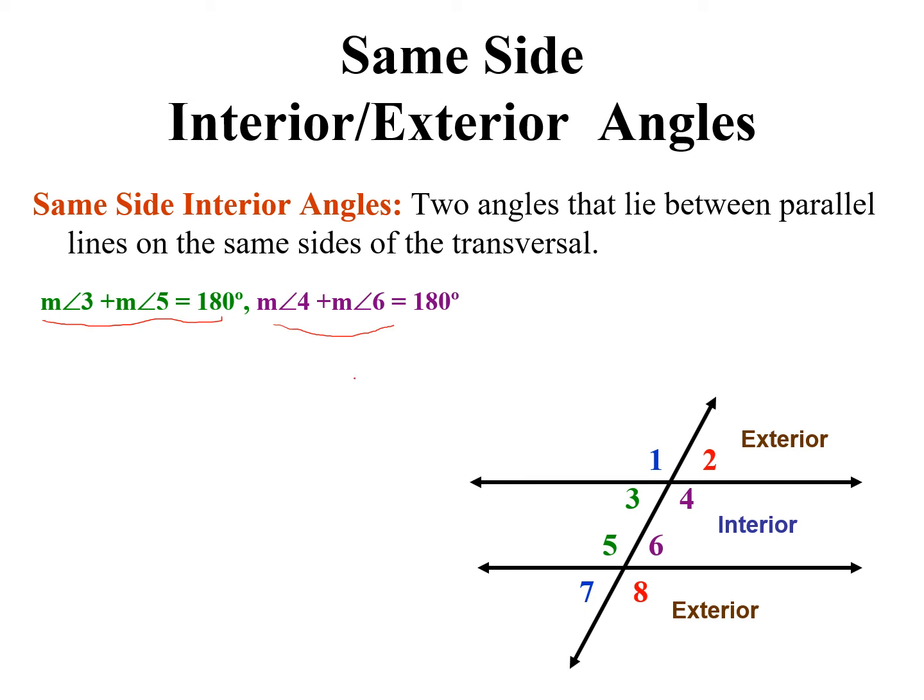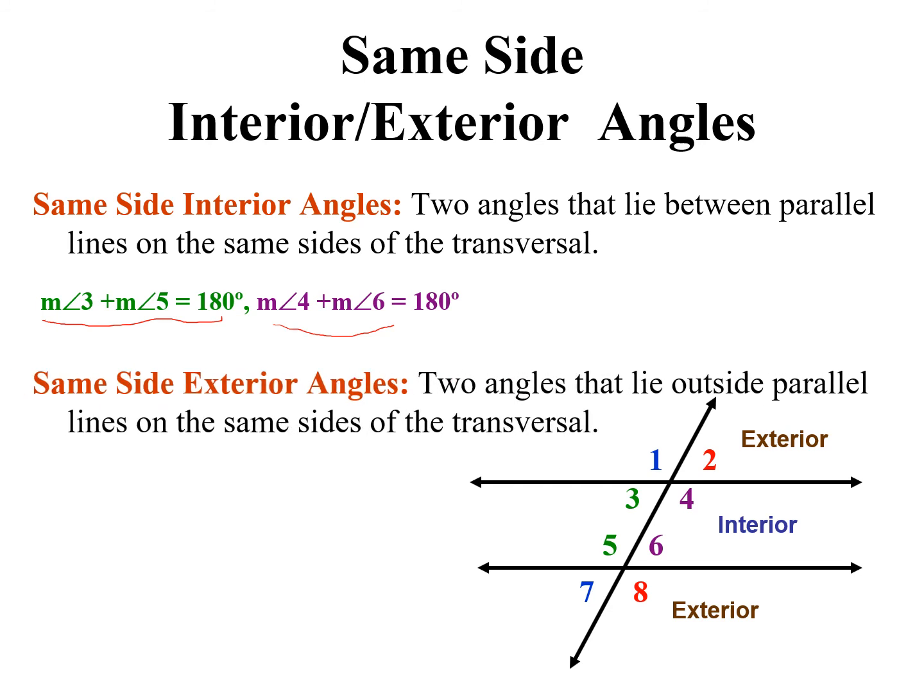We also have same side exterior angles, two angles that lie outside the parallel lines on the same side of the transversal. So we now have here angle 1 and angle 7 are same side exterior. Angle 2 and angle 8 are also same side exterior.